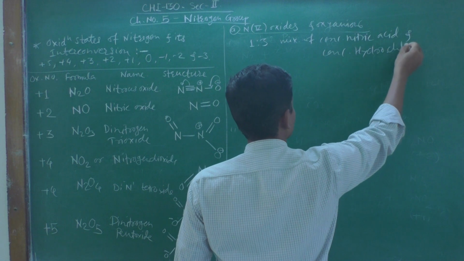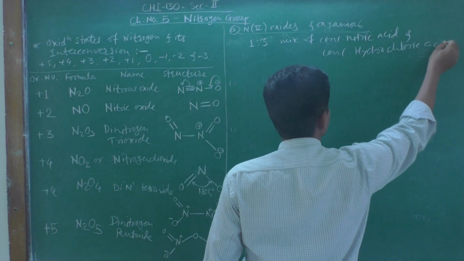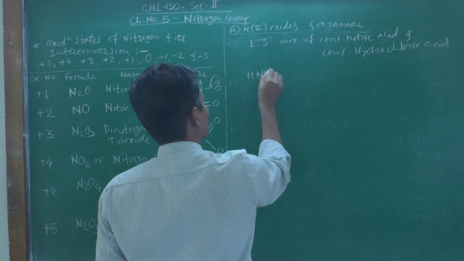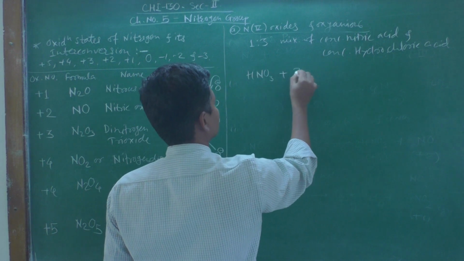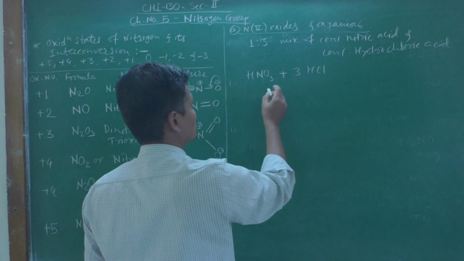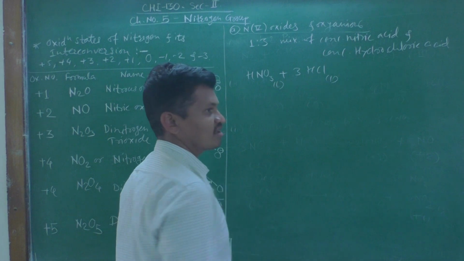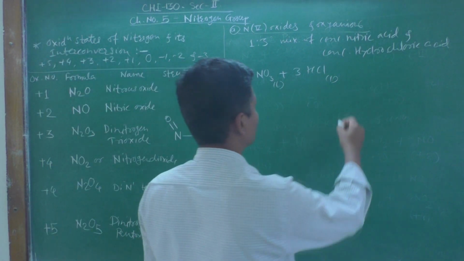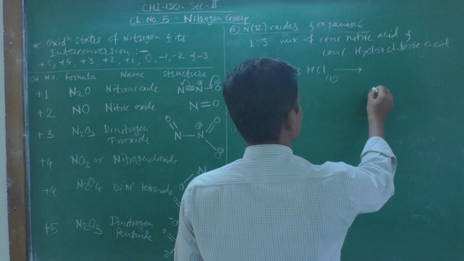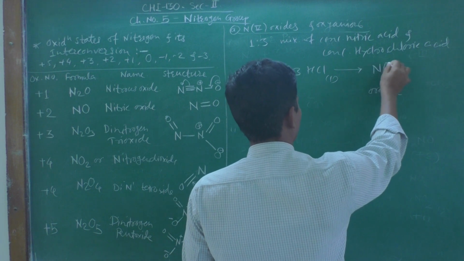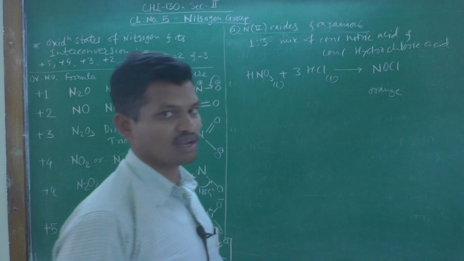That is, when HNO3 plus thrice HCl, both concentrated liquids, are mixed together, there is a formation of orange colored NOCl fumes.